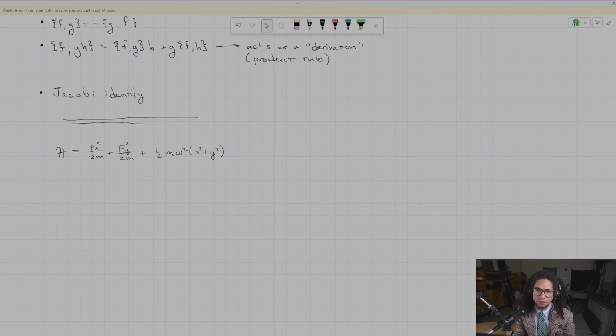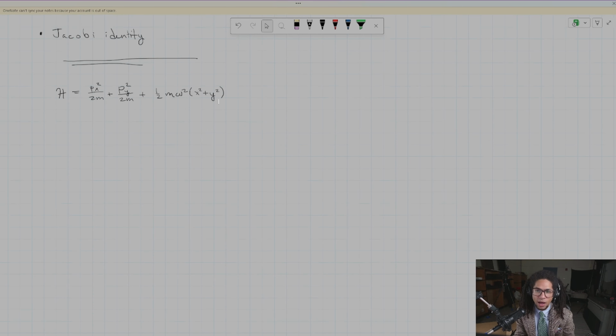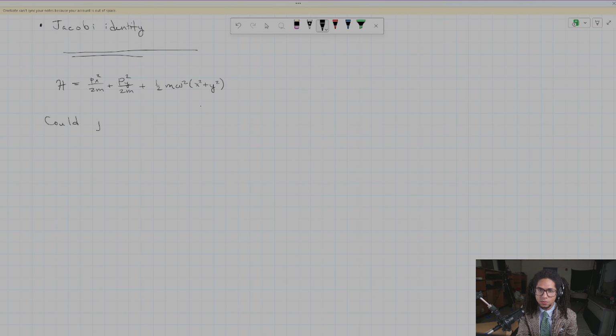Okay. Now, I definitely could jump in and start solving Hamilton's equations. I've already given an example of how you do that for the 1D harmonic oscillator, and it would be very similar here.